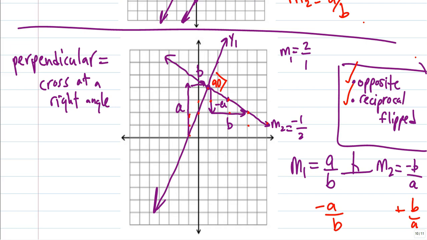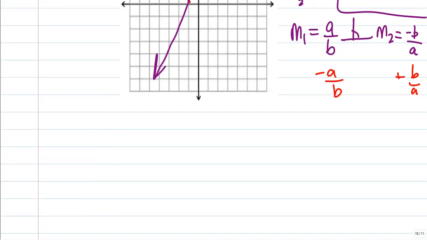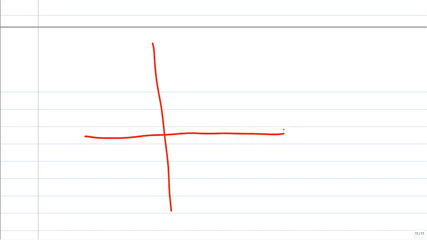And I was going to do one more thing. Let's see. Just real quick. If I have an equation, and these are the 2 points. Let's do negative 1, 3, and 2, 0.